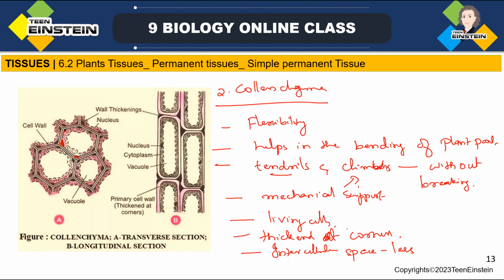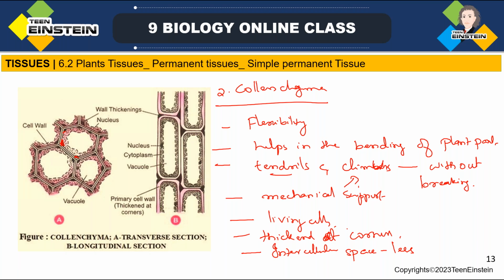Flexibility in the sense that it helps to bend and to climb, as in tendrils and climbers, and without breaking, it allows that plant part to move. Climbers need to climb on some other plant, so in that way it is providing mechanical support also.